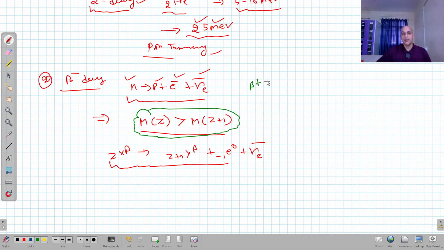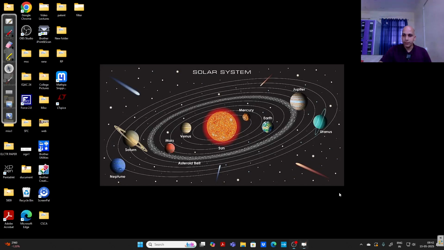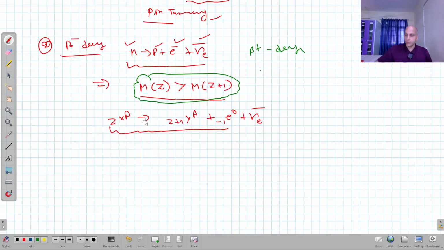Similarly, if I look at beta positive decay, same thing, but we will have a different relation. It is possible only when the mass of the parent atom is greater than the mass of the daughter atom plus 2 times the mass of the electron.